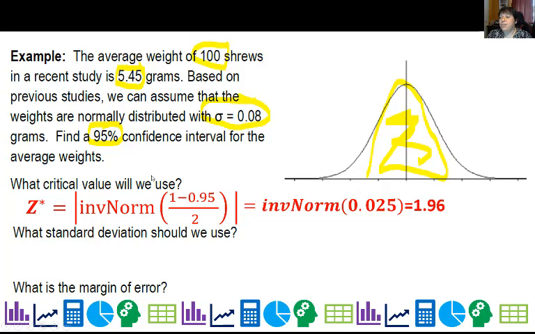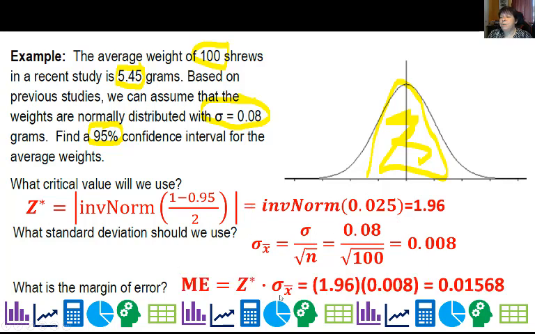What standard deviation should we use? Well, we're dealing with sample means, so we're not going to use 0.08 exactly. We're going to divide it by the square root of the sample size. So it's 0.08 divided by the square root of 100 up here, which is 0.008. My margin of error is my critical value times my standard deviation for the mean, and I get 0.01568.